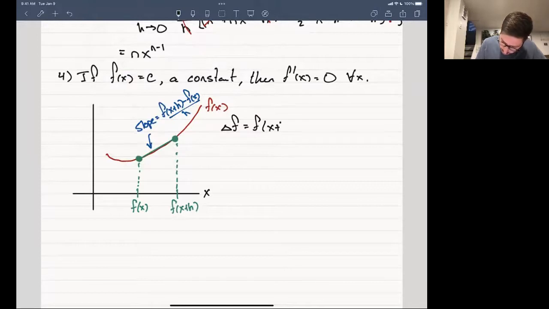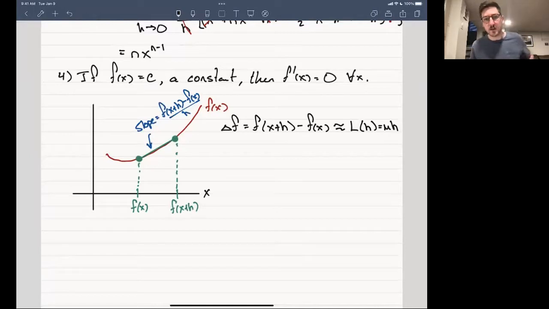This is f of x plus h minus f of x, for a fixed h. Now, basically what we want to say is that when h is really small, this thing is basically a linear function of h. So this might be m times h, where m is the slope.